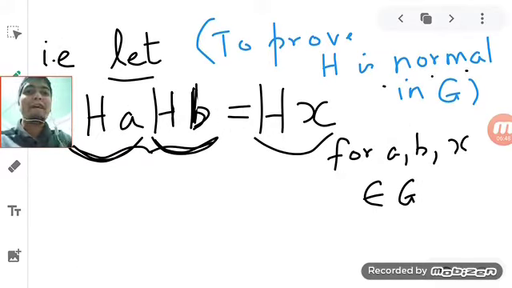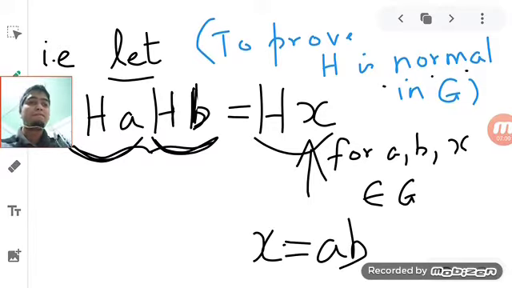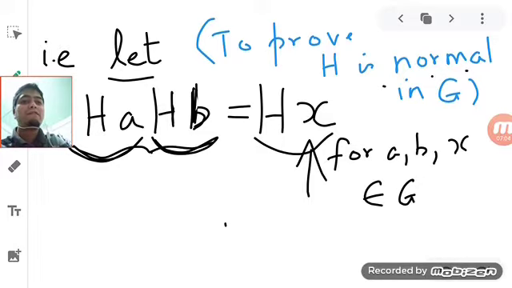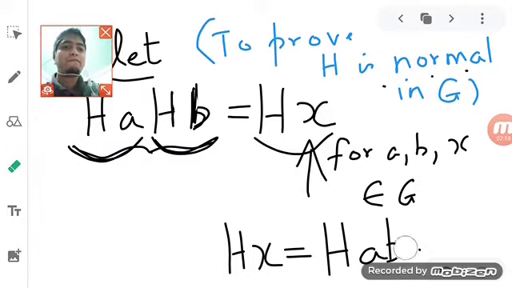So what do we actually expect this value of X to be? Eventually this value of X will be equal to AB. Maybe in a better way, I will say that eventually you will have that HX will be equal to HAB. But we need a proof for that. So this is what I will do.